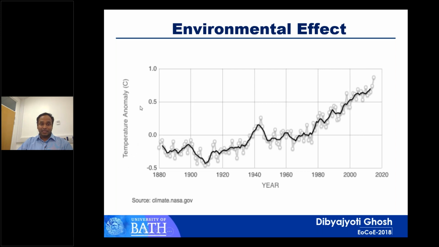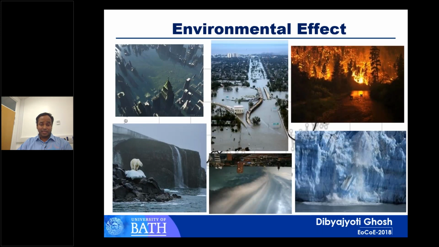And as you can see, the temperature anomaly has been going higher and higher over the last 3 or 4 decades because of that. Also, we can have different types of natural calamities like the burning down of big forests, or floods, and also the melting of ice, which can eventually cause a huge increase in the sea level.